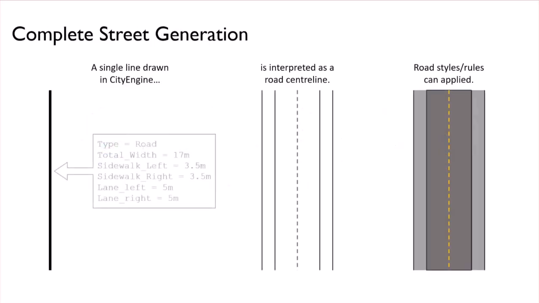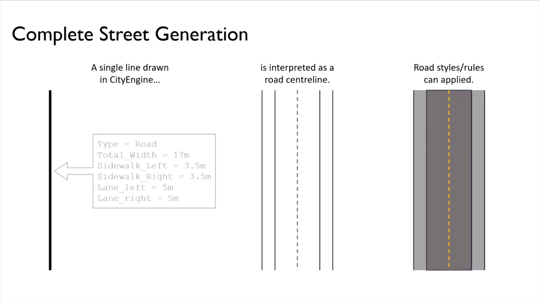If we're looking at street generation, a similar idea applies in CityEngine, where you would draw a single line. The single line, again, will have attributes associated with it. In this case, the attributes that I have created for the single line that you've seen drawn there tell CityEngine that the type of the line is a road. There's a total width to the road, a left sidewalk, a right sidewalk, and left and right lanes.